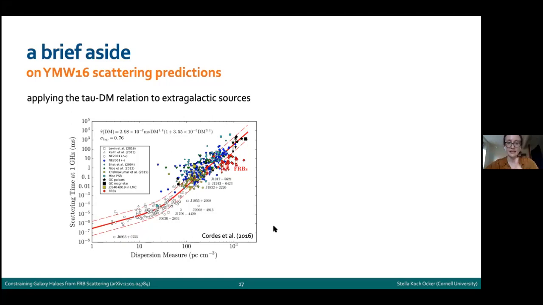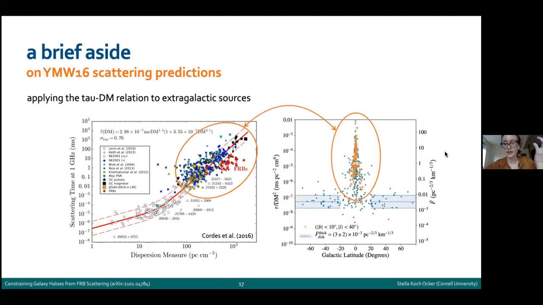And we can see this reflected in the distribution of the fluctuation parameter versus latitude, right? So earlier I pointed you to this orders of magnitude increase in F tilde at low latitudes and towards the inner galaxy.